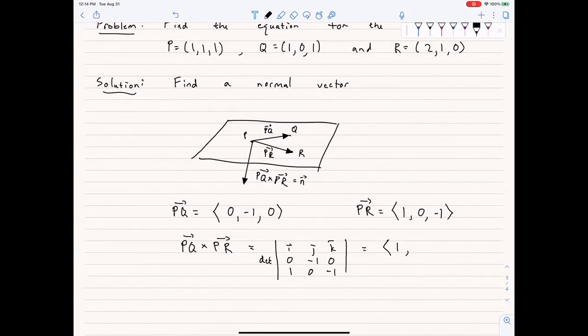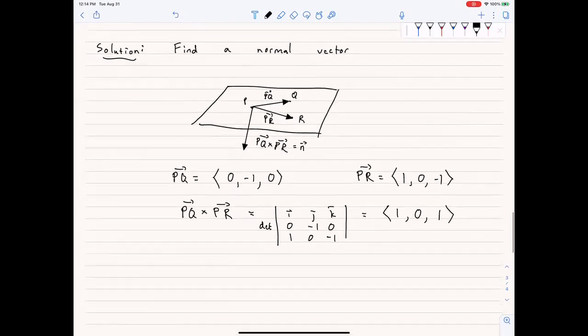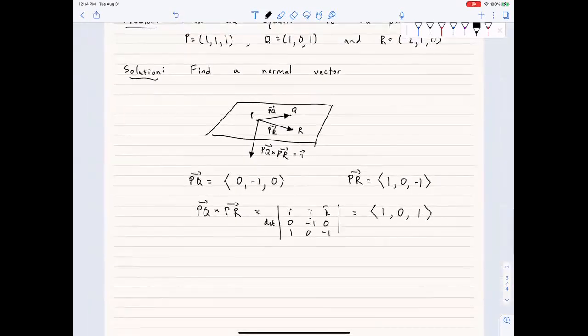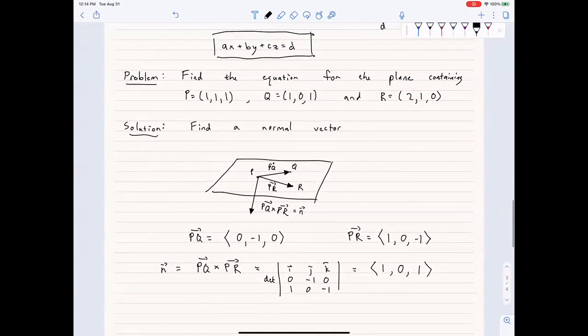For J, it looks like I'm going to get a 0. And for K, I get 1 as well, so it's negative of a negative. So this is going to be a normal vector. And once I have a normal vector, this is my ABC. A is 1, B is 0, C is 1.